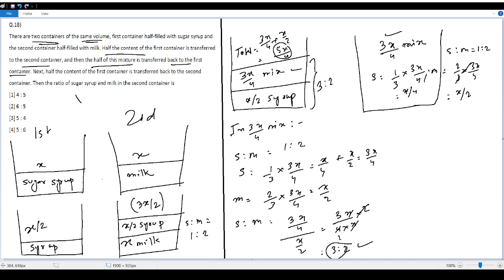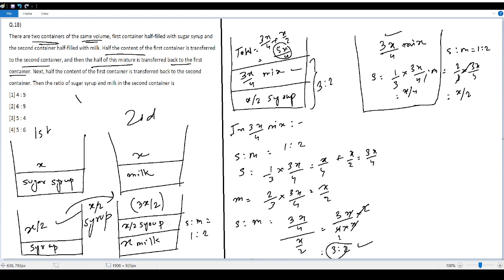All right. Now what is happening is half the content of the first container is transferred to the second container. So what is left over here? x by 2. So x by 2 syrup is left, x by 2 syrup went over here.